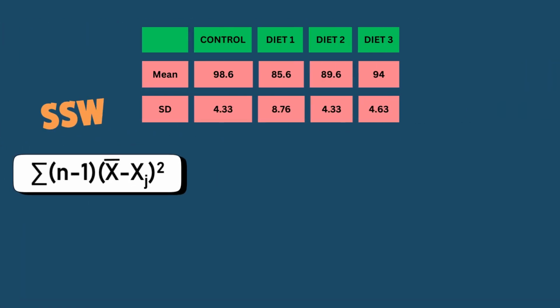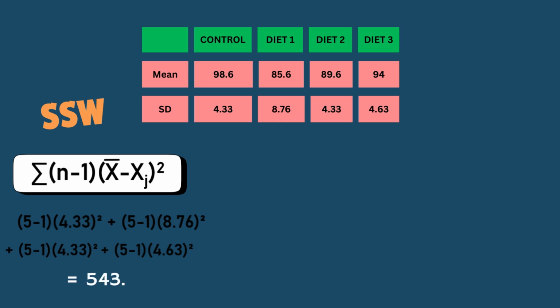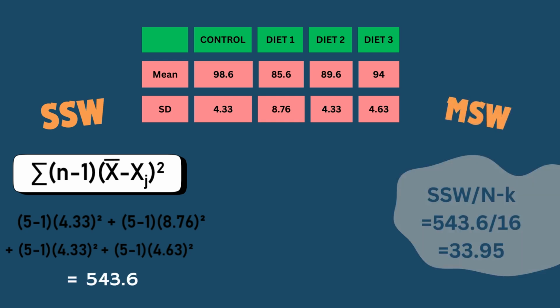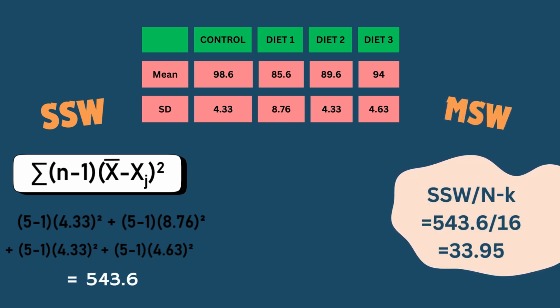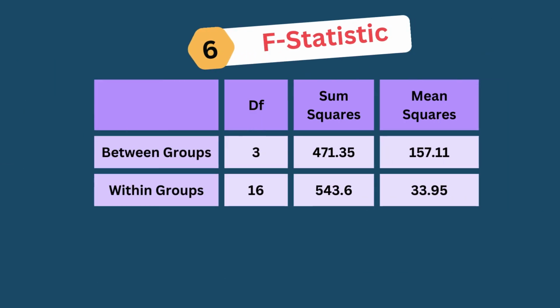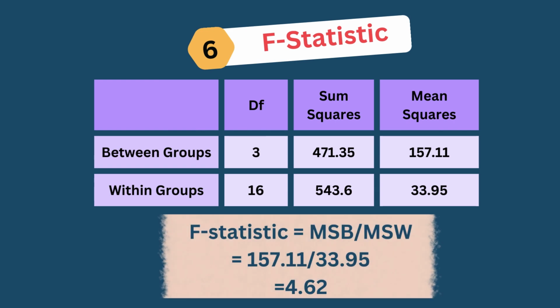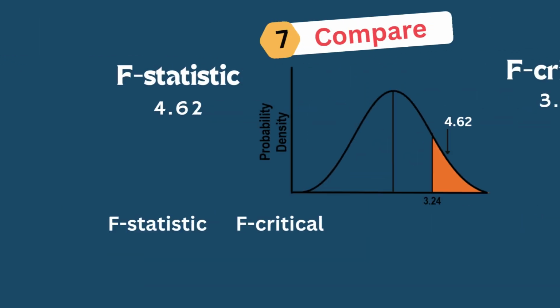SSW is calculated by multiplying variance of each group to their respective degrees of freedom and then summing up all values. MSW will be SSW divided by denominator degrees of freedom 16. So in short, we will have the following values and the ratio of the MSB to MSW will be F statistic of the data.